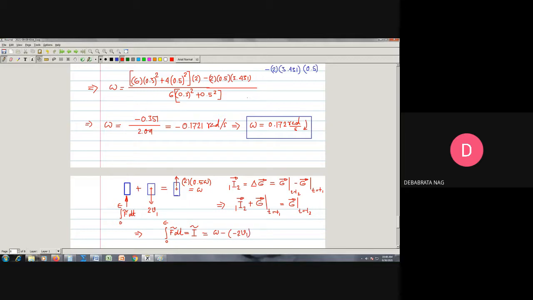Why is it minus 2V1? Because you see this is 2V1 in the downward direction. So it is I tilde plus minus 2V1.